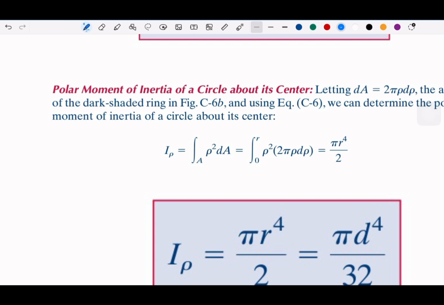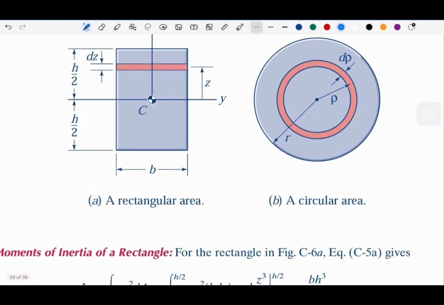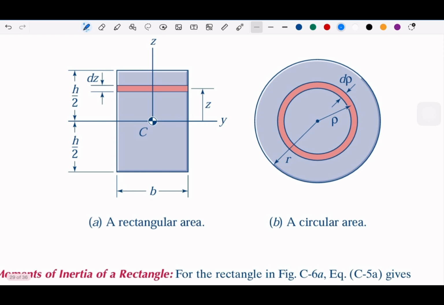So how to get this? If you could see this picture here, we cut it open, and we see that you can make it a rectangle, with base and height. The circumference is going to be the base, and the height will be d rho. Well, let me write here.